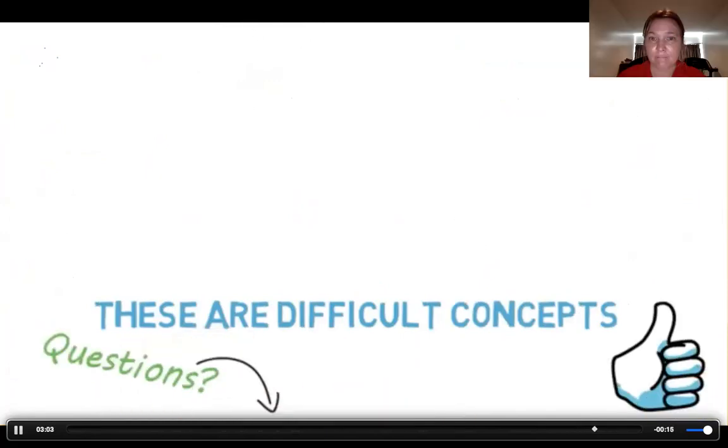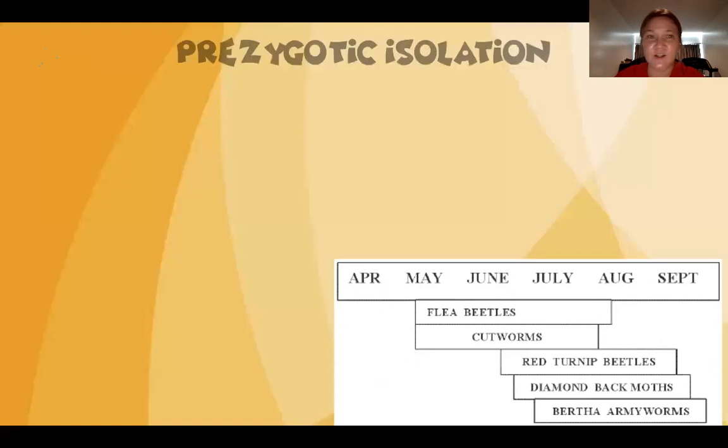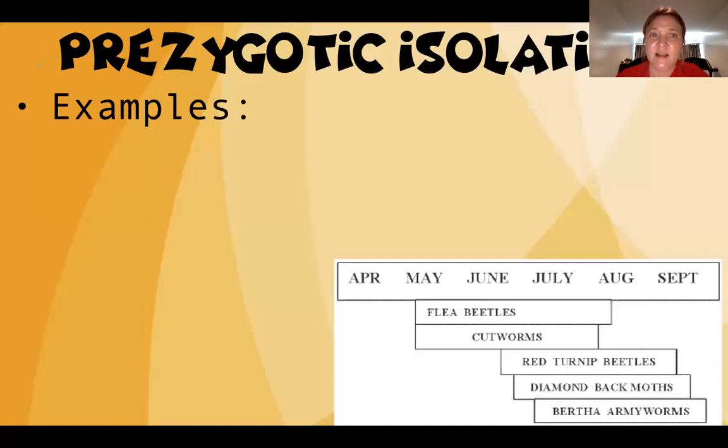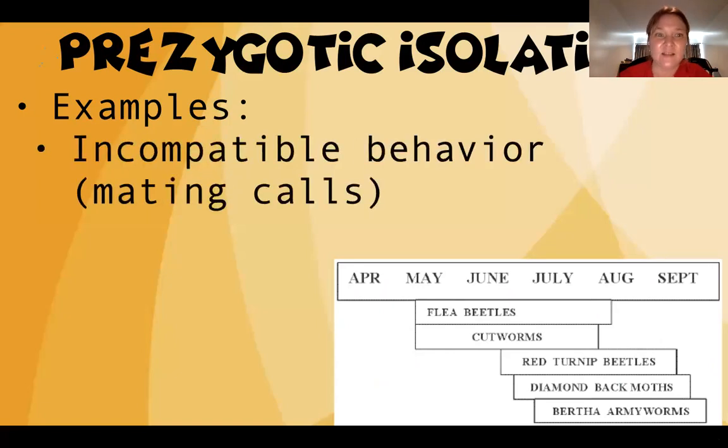Okay, so let's look at both pre and post zygotic isolation. An example of pre-zygotic isolation, remember this is a reproductive isolation that occurs before fertilization. This could be incompatible behavior, a really good example to kind of put it in your mind. What it means by pre-zygotic isolation is you think about frogs' mating calls.